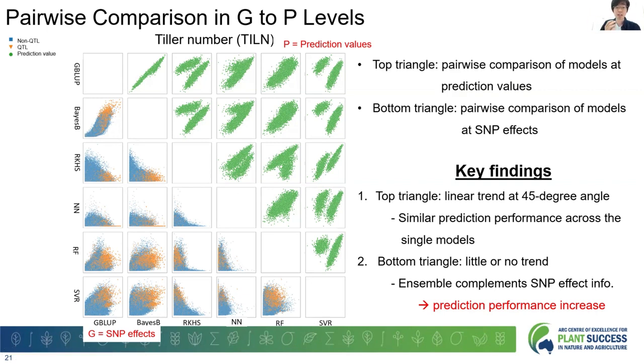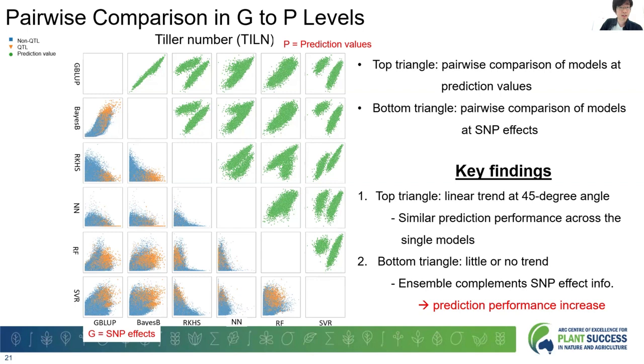So this supports the idea of why we get performance improvement by using the ensemble approach. This is because the ensemble approach can combine all the different SNP effects into one by complementing each other at the end. And that's why we can enhance the prediction performance. This supports the hypothesis that I mentioned in the previous slide.